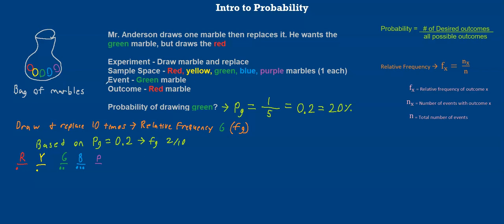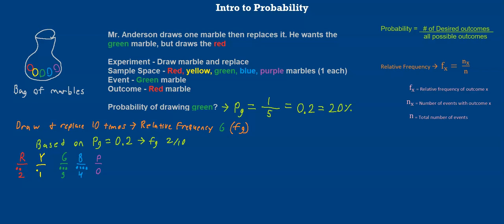So maybe on the 8th time we draw red again, on the 9th time we draw green again, and on the 10th time we draw blue again. Out of 10 times we drew blue 4 times, purple 0 times, green 3, yellow only 1 time, and red 2 times.